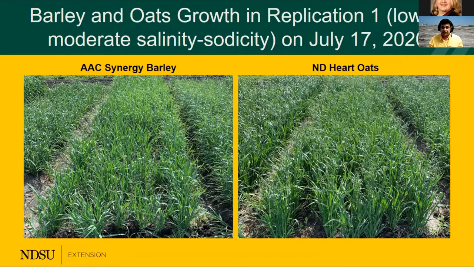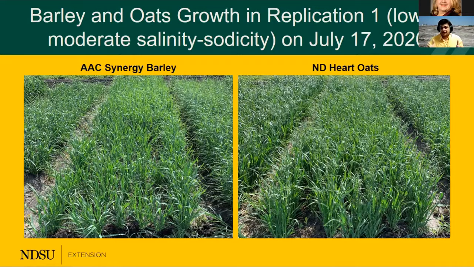So this was low to moderate levels of salinity and sodicity. EC in the first 6 inches was 3.99 millimoles per centimeter, and SAR was 7.12.